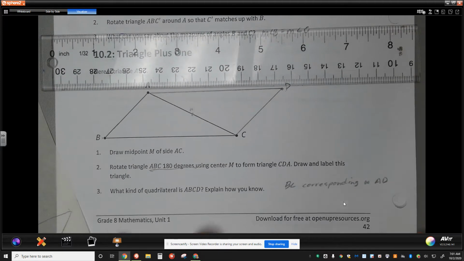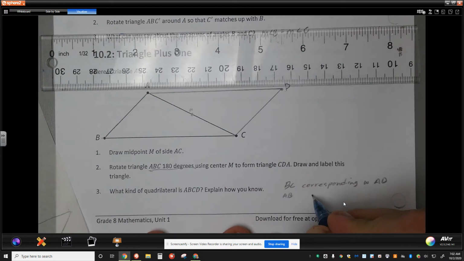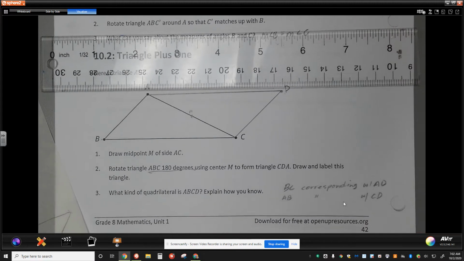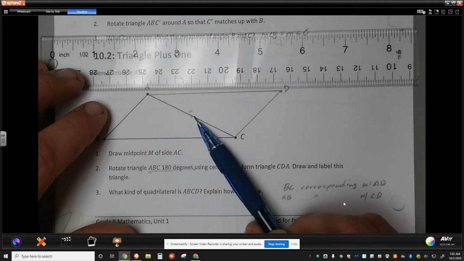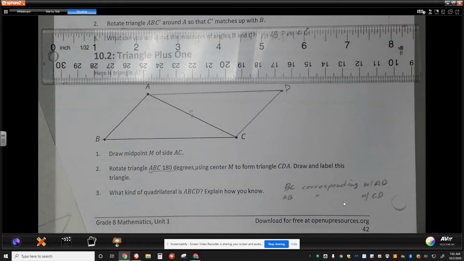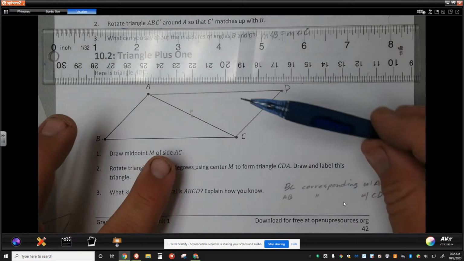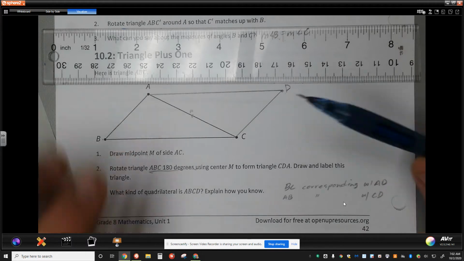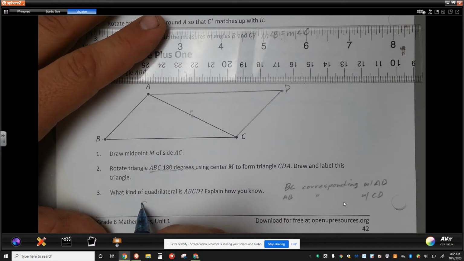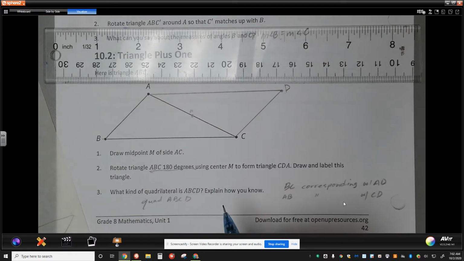And since those two are corresponding, and since segment AB corresponds with segment CD, I know for a fact under that 180-degree rotation that segment AD and segment BC are parallel. Segment AB and segment DC are parallel. And since this has two sets of sides that are parallel, I can say that this quadrilateral ABCD is a parallelogram.